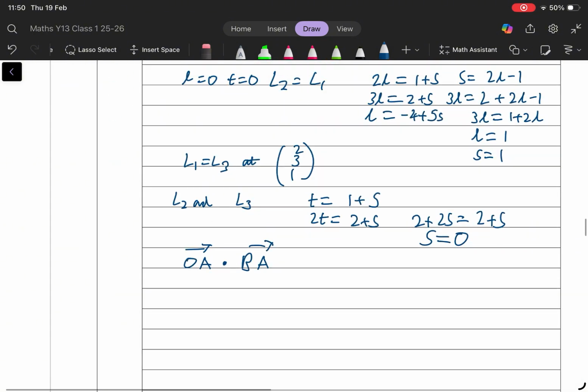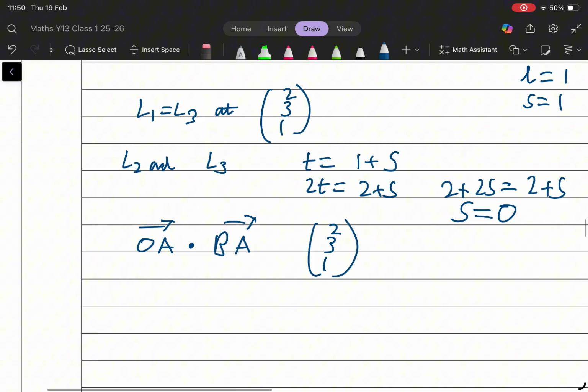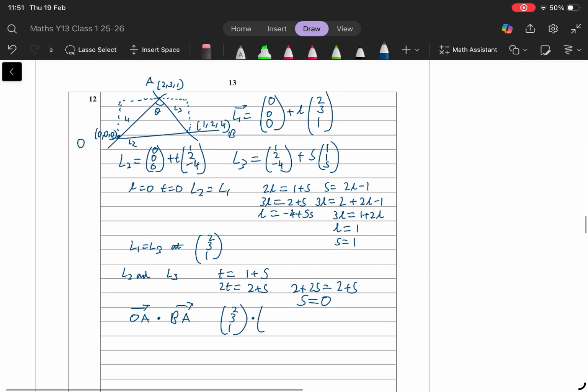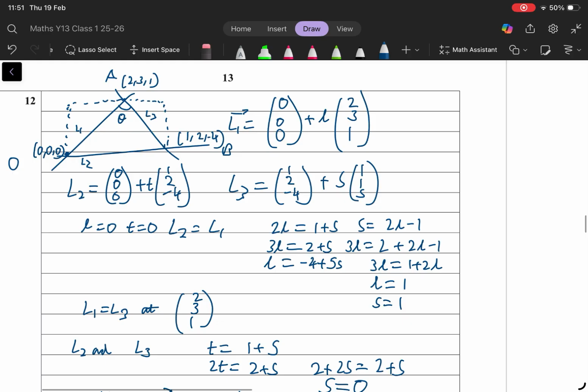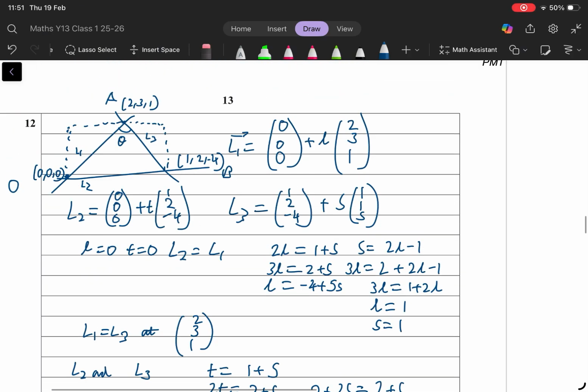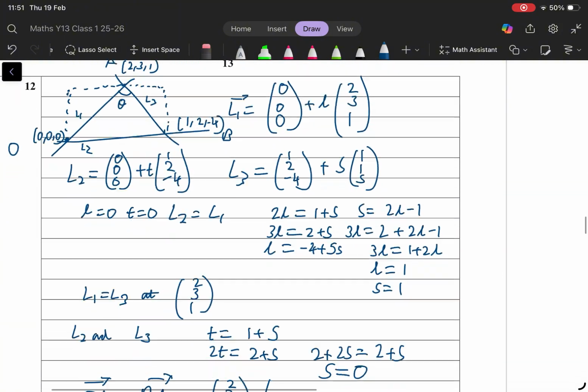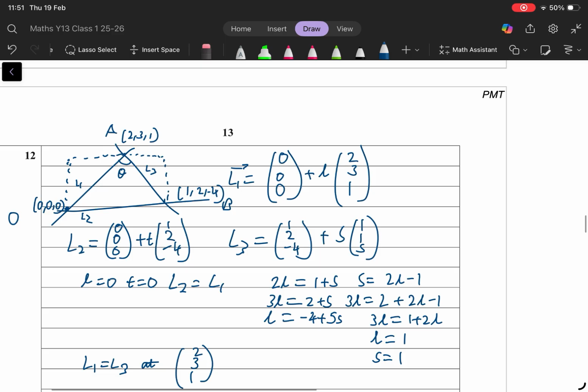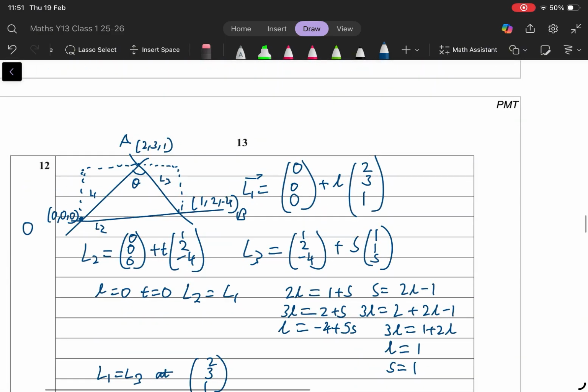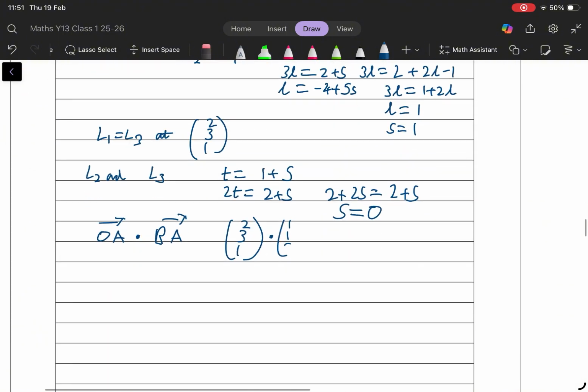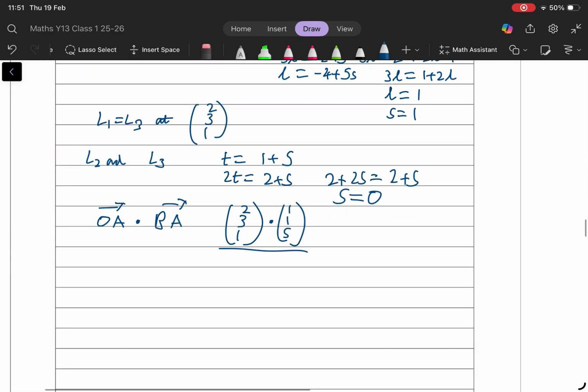O to A is going to be (2, 3, 1) dotted with, wait, there should be a minus 4, B to A, which is 2 minus 1 is 1, 3 minus 2 is 1, and then 1 plus 4 is 5, and then over the square root of 2 squared plus 3 squared plus 1 times the square root of 1 plus 1 plus 25.